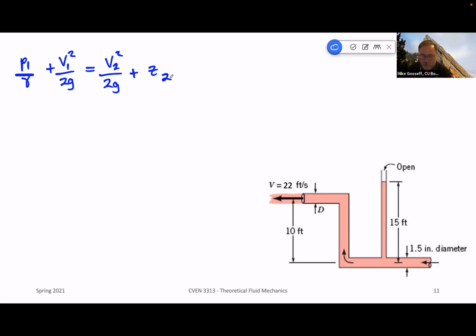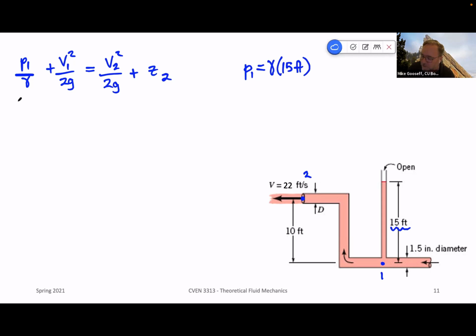Okay, so the other equation I want to write here is that P1 can be written as gamma times 15 feet, right? From the static tube equation that we talked about before, this 15 feet tells us about the pressure right there at number 1. Let me draw in my number 1 and 2 again. And so we can plug that in directly.